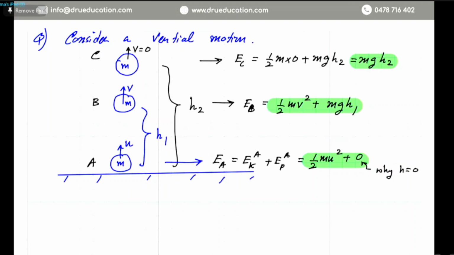On top of that, this object is attached to a spring, so the spring is stretching and compressing. So there is a spring energy as well, because when the spring is compressing and expanding, there will be another energy part involved, which is called spring energy. So there will be another spring energy part added later on.